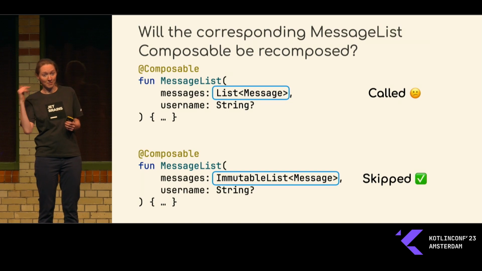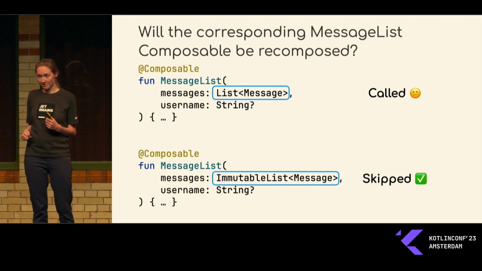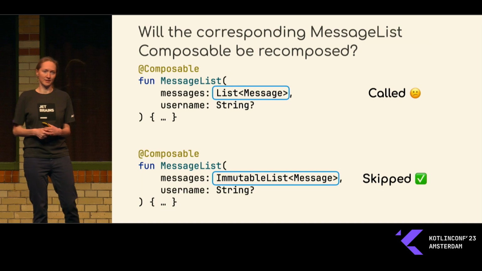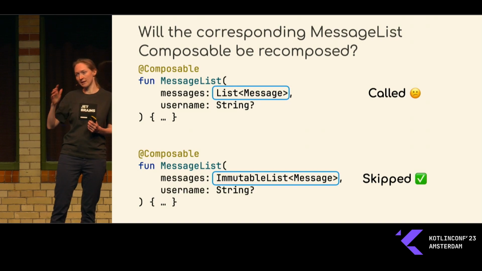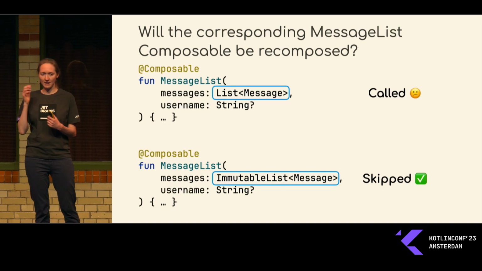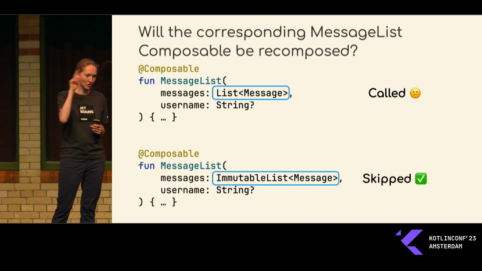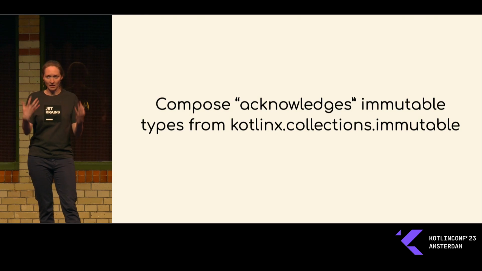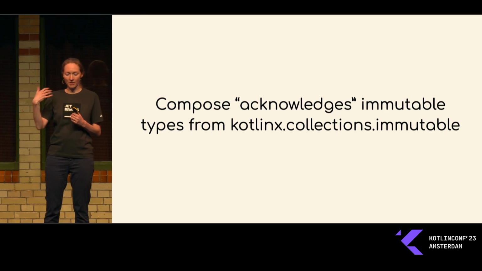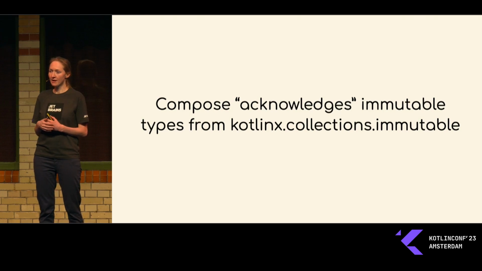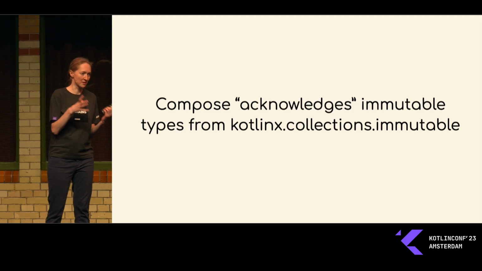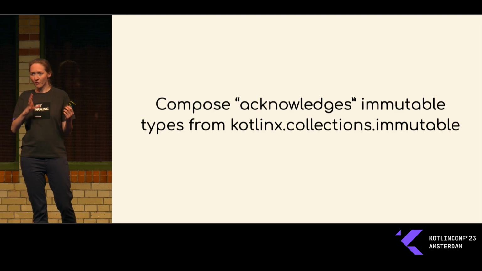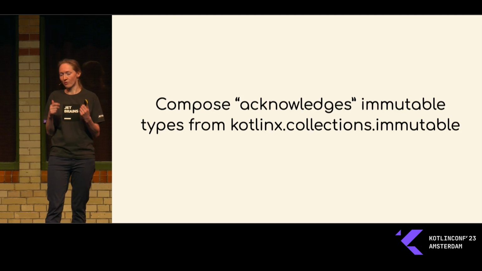However, if we use an immutable list from the KotlinX immutable collections library, then Compose will understand correctly that it can skip this recomposition, because my messages haven't changed. It turns out that Compose acknowledges immutable types from the KotlinX collections immutable library, and it only does this recomposition for types that are changing, skipping immutable or stable types.